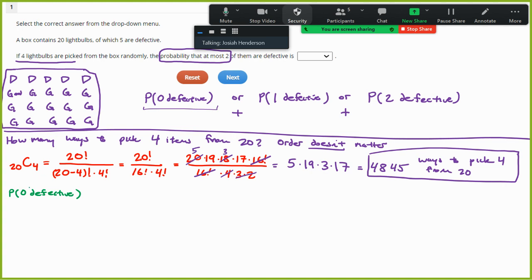So we're going to be using the fundamental counting principle and combinations at the same time. So in order to pick 0 defectives, that means I've picked 4 good ones.